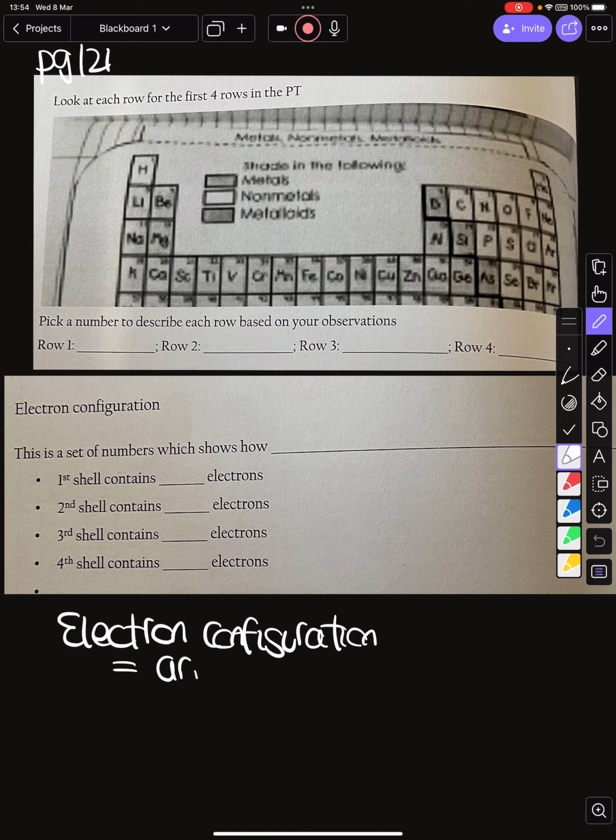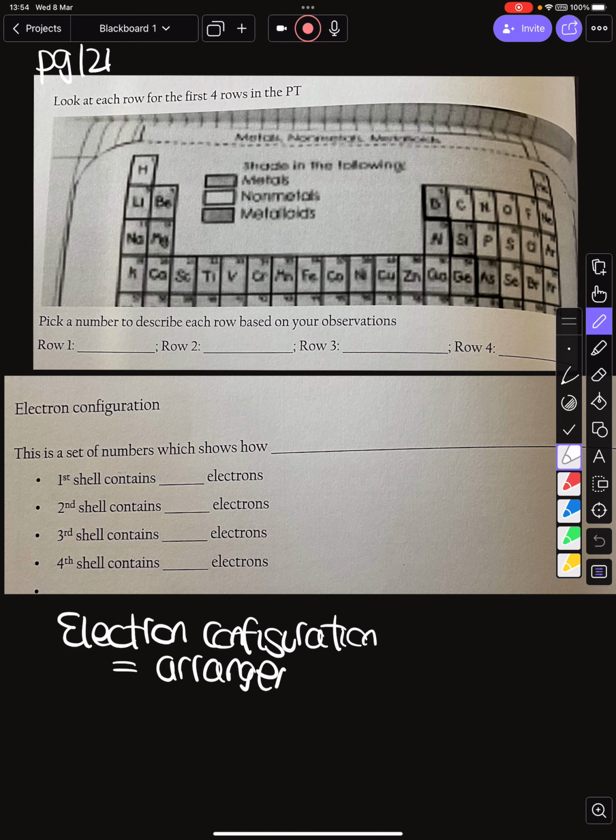Electron configuration is the arrangement of electrons around the nucleus. That arrangement is going to be a set of numbers, and you're going to put each of these numbers into the electron shells.